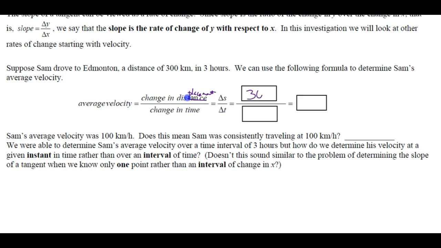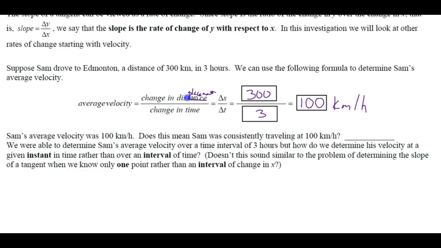Well, it's 300 kilometers, and the change in time is 3 hours. And 300 divided by 3 is 100. Right. 100 kilometers per hour. North. Displacement.